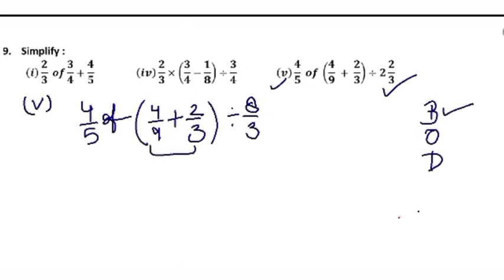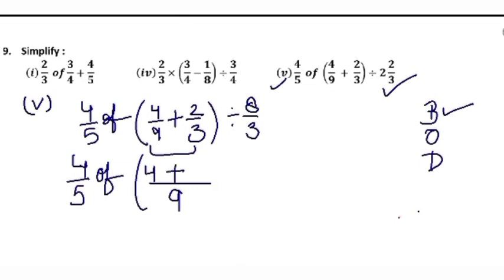So solve it. 4 upon 5 will remain the same. 4 upon 5 of, denominators are different. So take the LCM of these denominators. It will be 9. 4 plus 3 3s are 9. So multiply this numerator also by 3. Divided by 8 upon 3.